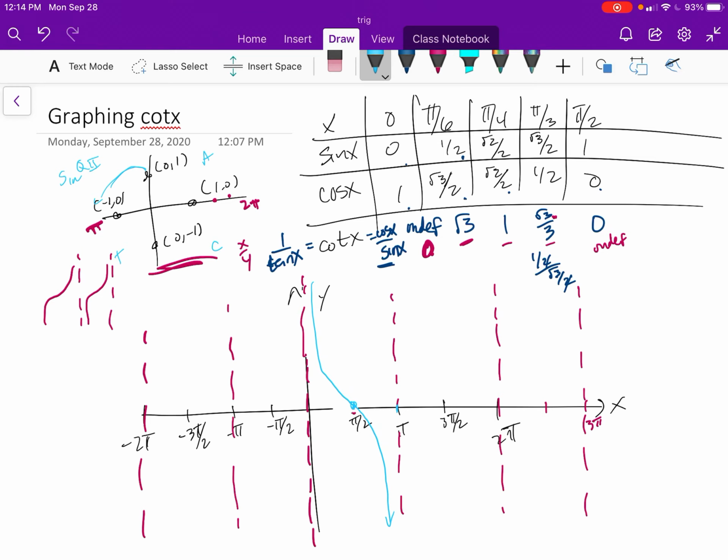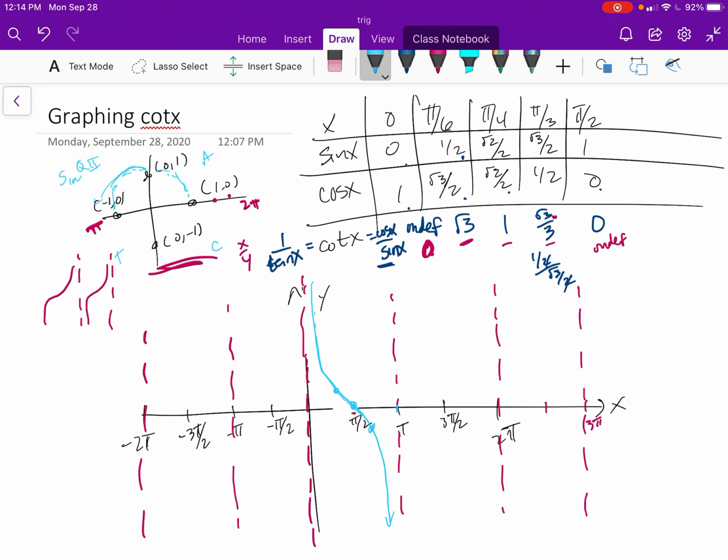So therefore I know cotangent is negative. Also remember that all these values in quadrant 1 appear in quadrant 2, it's just that x is negative. So as we move, we'll get these same values as we did here, except we'd have a negative, because cotangent is negative in quadrant 2, pi over 2 to pi.